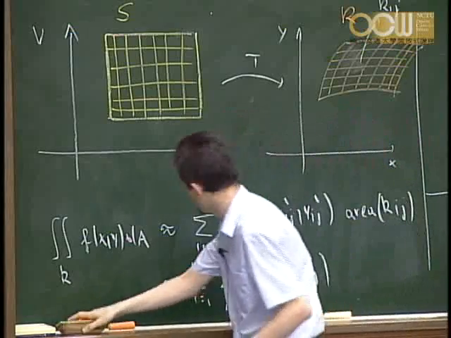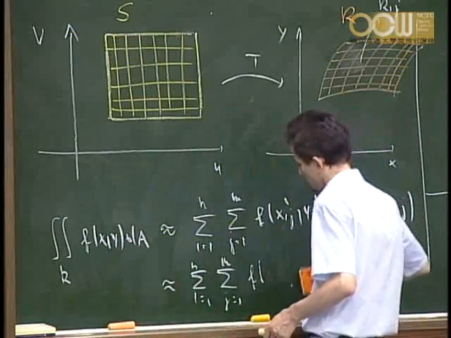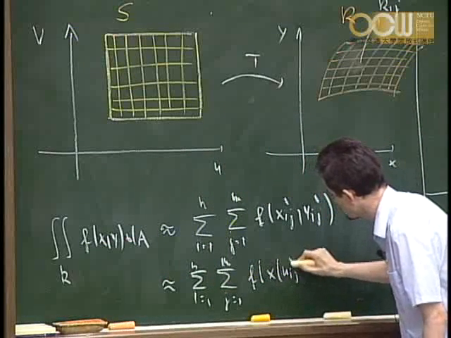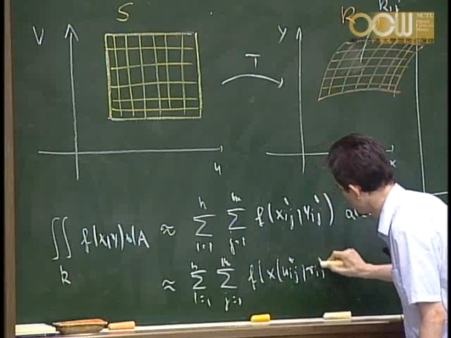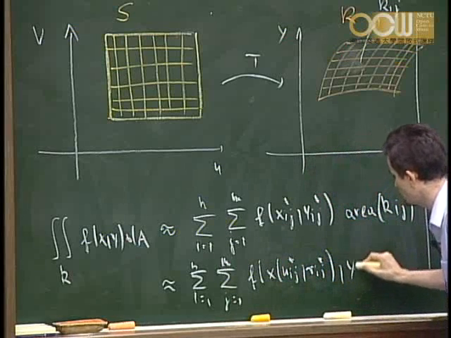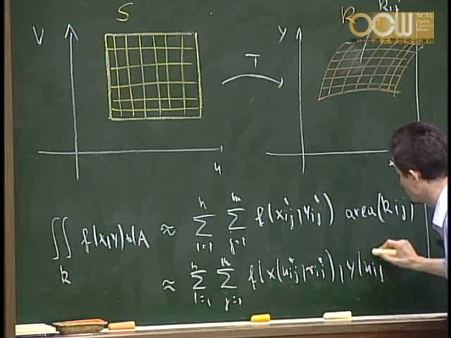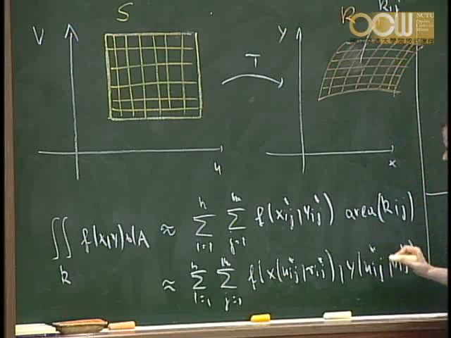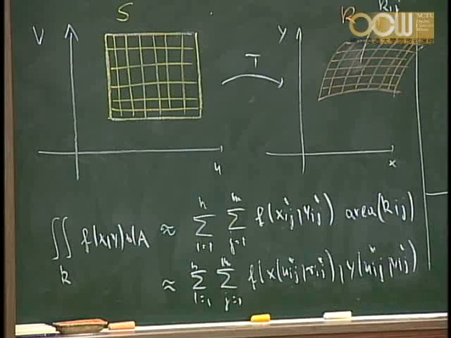Sorry, I should write this differently. This is x of u_ij star, v_ij star, and y of u_ij star, v_ij star, because I have to plug in my transformation. But for this area, we have just found this expression here.